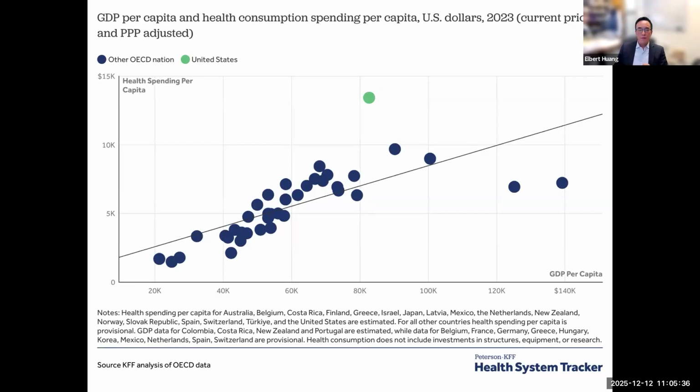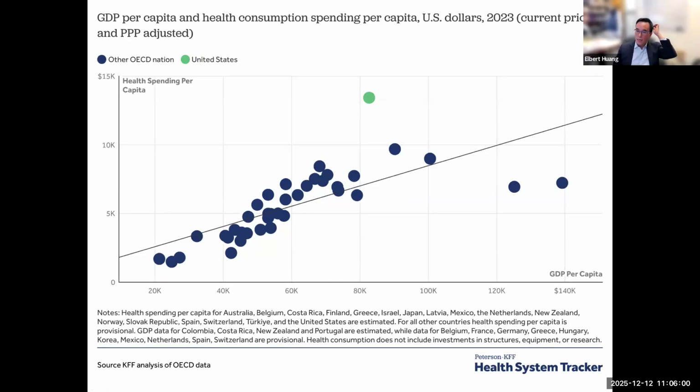You may already have this embedded in your minds, but the United States is an outlier in terms of the amount of spending we devote to healthcare compared to most other developed countries. Here on the x-axis is the gross domestic product per capita.